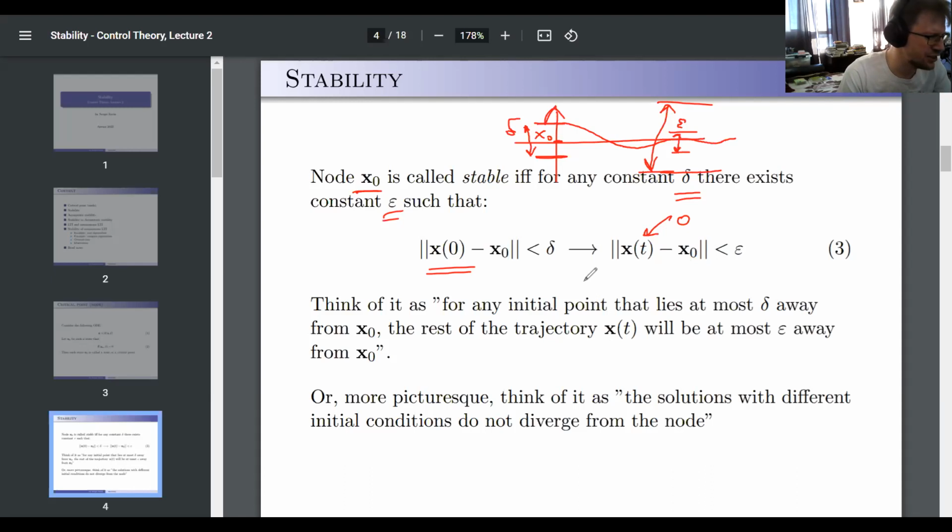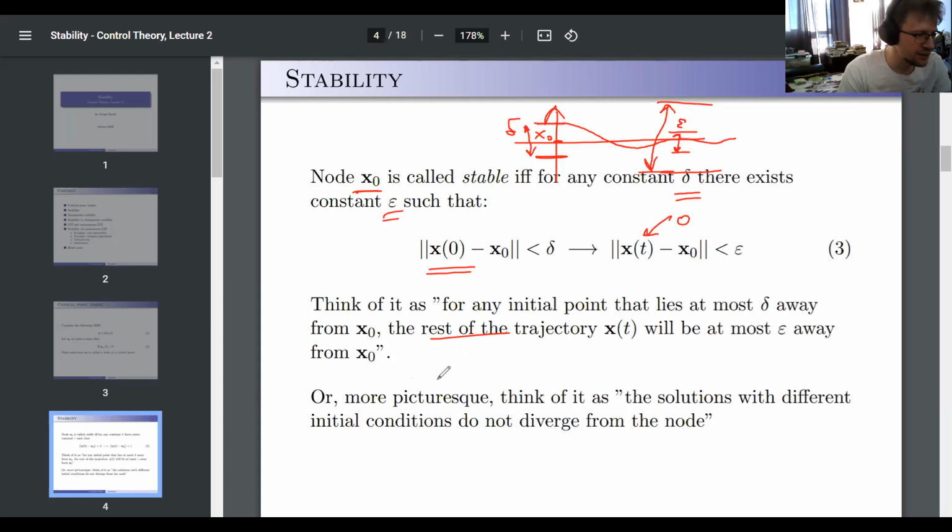All right, that's just thought experiments. The easier way to think about it is to say for any initial point that lies at most delta away from x naught, the rest of the trajectory is going to be at most epsilon away from x naught. So the trajectory is not going to go further than epsilon from the node. All right, so that's the definition.